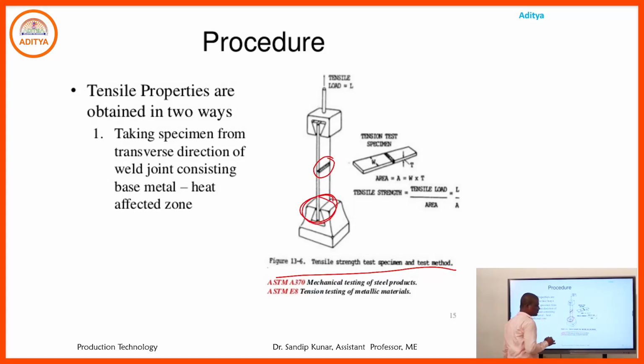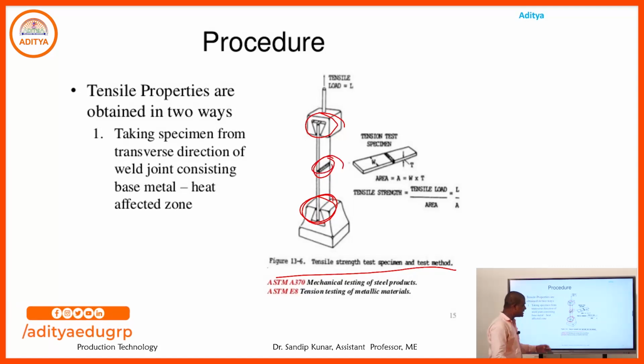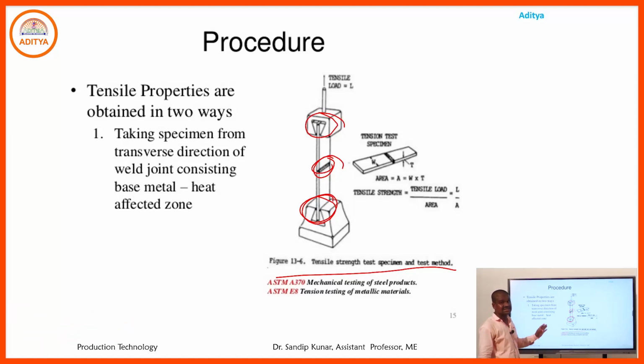One end of the specimen is already fixed, and the other end of the specimen is also fixed. Then we apply the tensile load, and after a certain time cracking starts. Cracking means deformation has started, and at that time we collect the tensile strength data, yield strength data, and modulus of elasticity data.